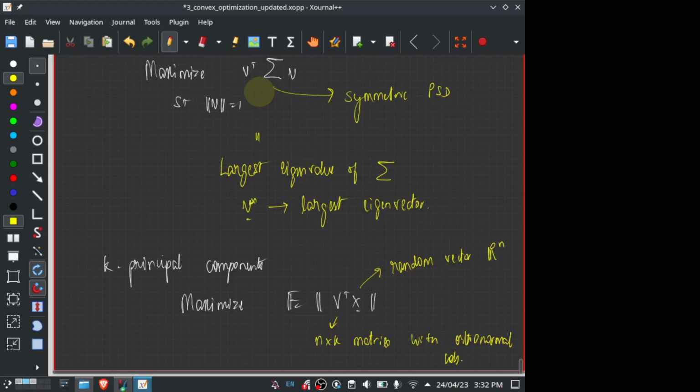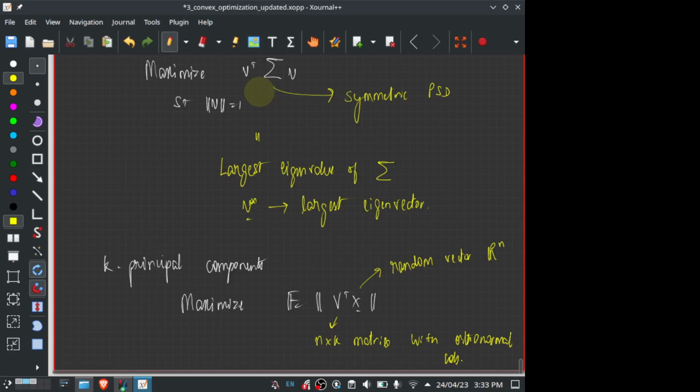Sigma is a symmetric positive semi-definite matrix, so v transpose sigma v is a quadratic form. Is this a convex function? Yes, it is convex, so no issues there. Constraints: norm v equal to 1. Does this form a convex set? It does not. So this is not a convex optimization problem.